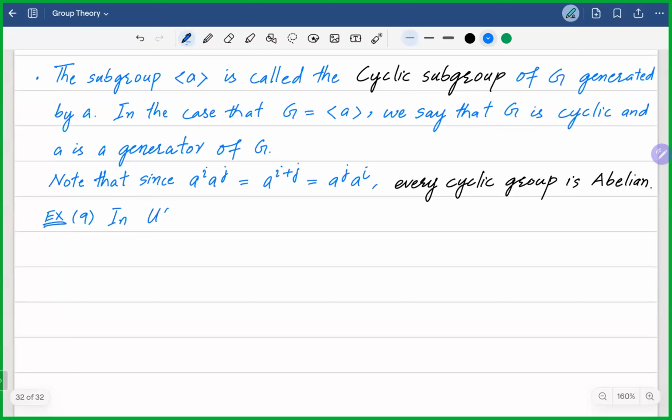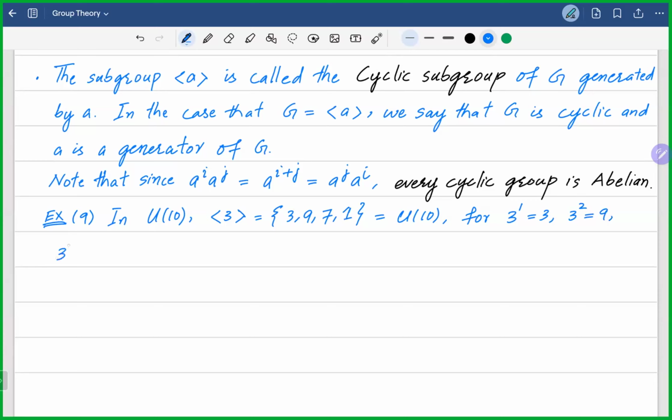In U(10), 3 generates the set 3, 9, 7, and 1, and it is itself U(10). 3 power 1 is 3. 3 squared is 9. 3 cubed is 27, which under mod 10 is 7.